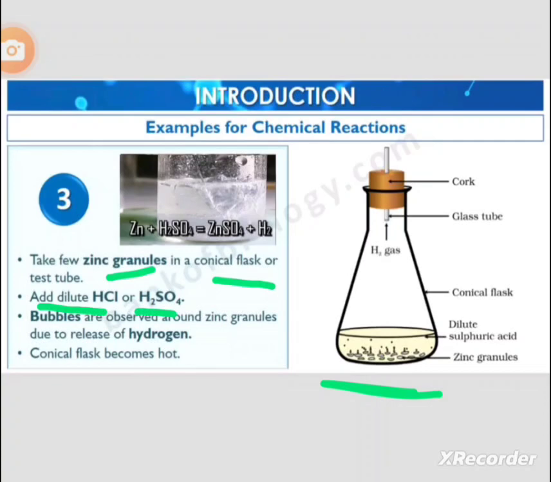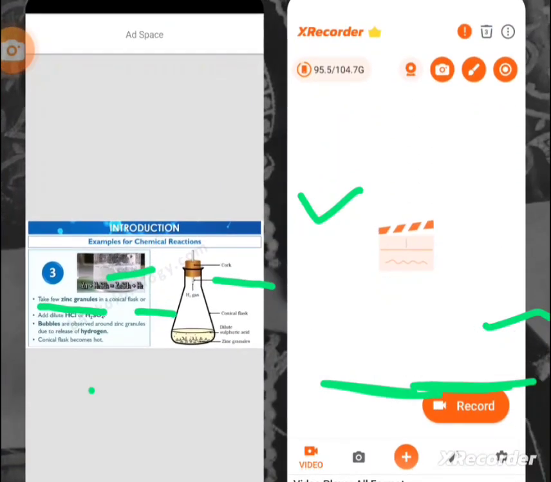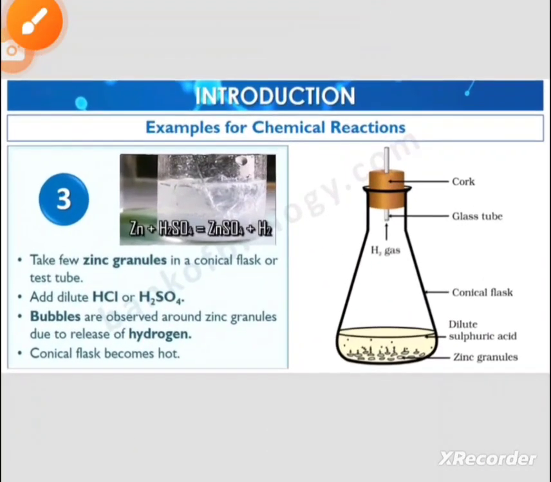So now what is going on? We have taken this conical flask and we are adding zinc granules. Later on we are adding dilute sulfuric acid to it. So what do you observe after adding the dilute sulfuric acid to the zinc granules? What will happen there? Bubbles are observed.